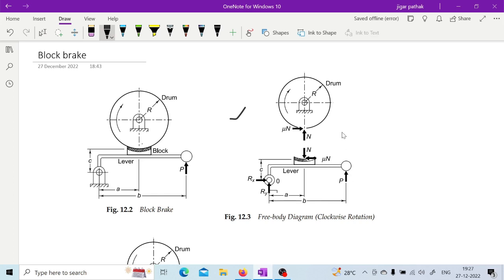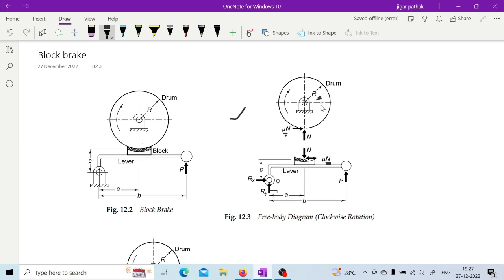The force acting is this frictional force, mu N, and the distance is this radius of the drum.